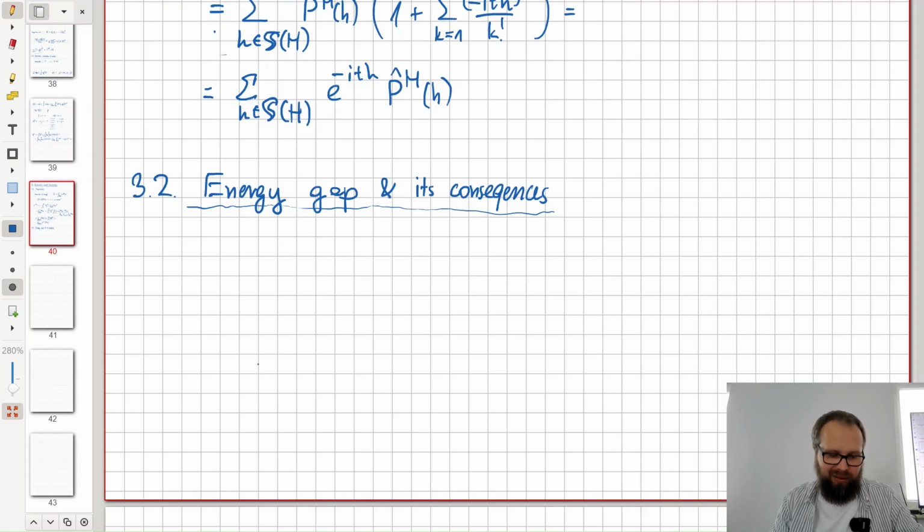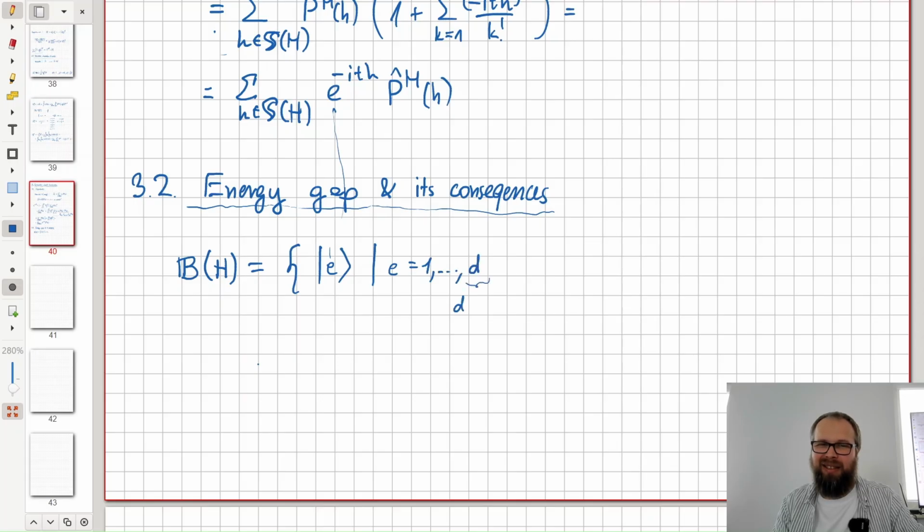So let's form an orthonormal basis, B of H. This will be a collection of kets of this form with E. Don't confuse E with the Euler number, okay? E is from 1 to D, where D is the dimension of our Hilbert space, okay?